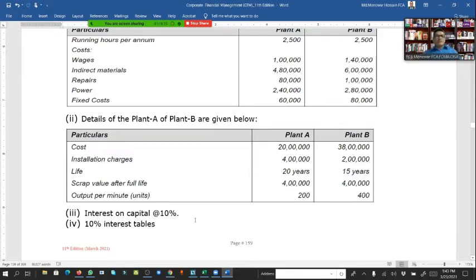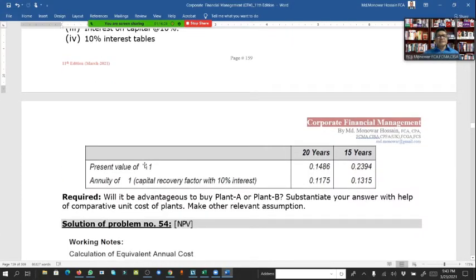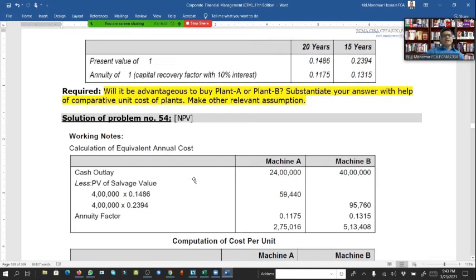Interest on capital 10%, and the 10% table says: for 20 years, present value of 1 is 0.1486, and for 15 years 0.239. Annuity, this one. So this is the question. Will it be an advantage to buy plant A or B?